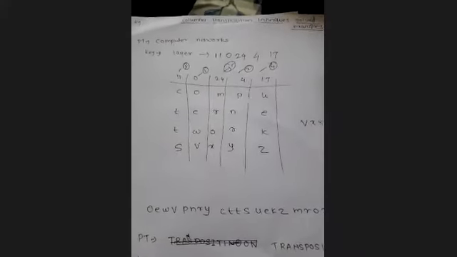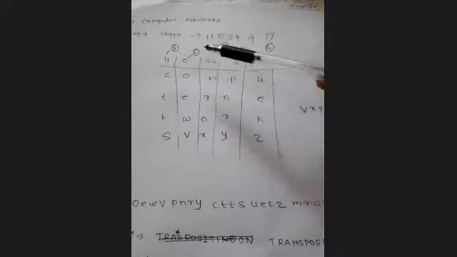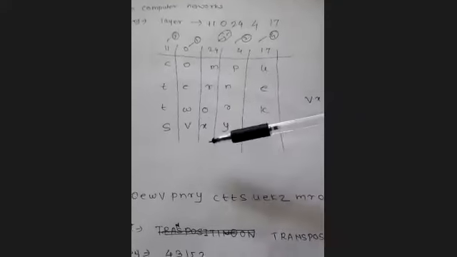So we will move ahead. This is the end of your transposition technique, in which we have used the key. Without the key, you will have to just write down all the plain text row wise, and you will have to read the content column wise.